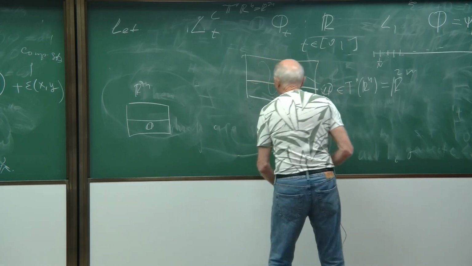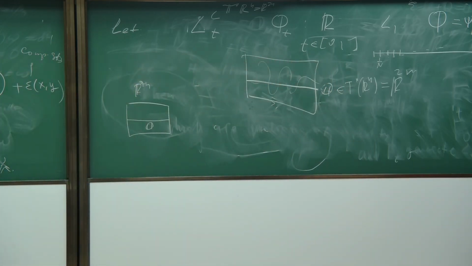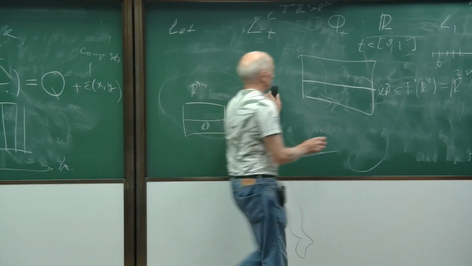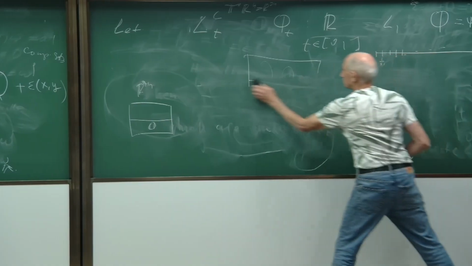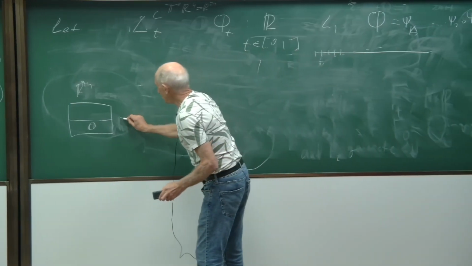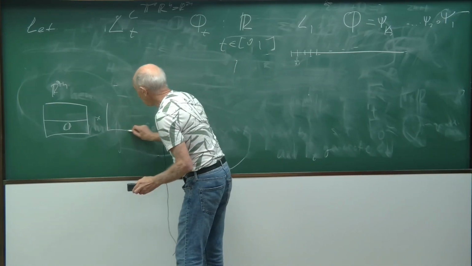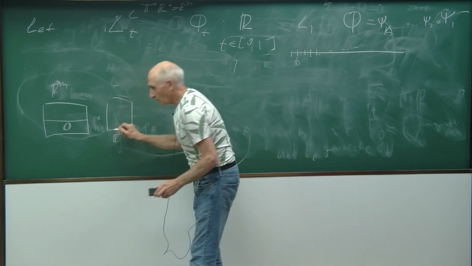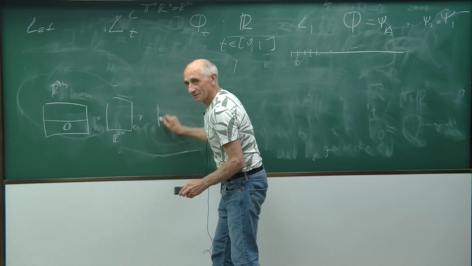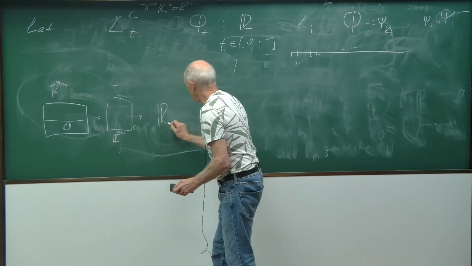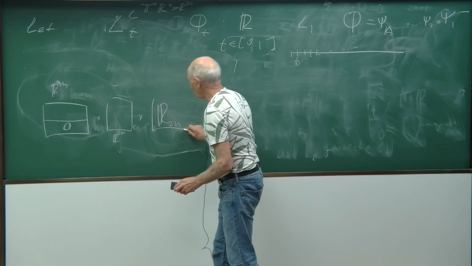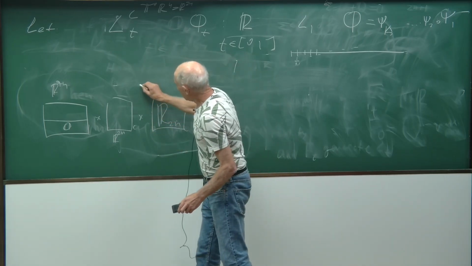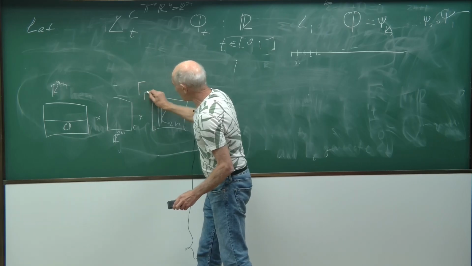Then I take two copies: I take this R2n cross R2n, and in this product of two copies of R2n, I consider the graph of psi 1.